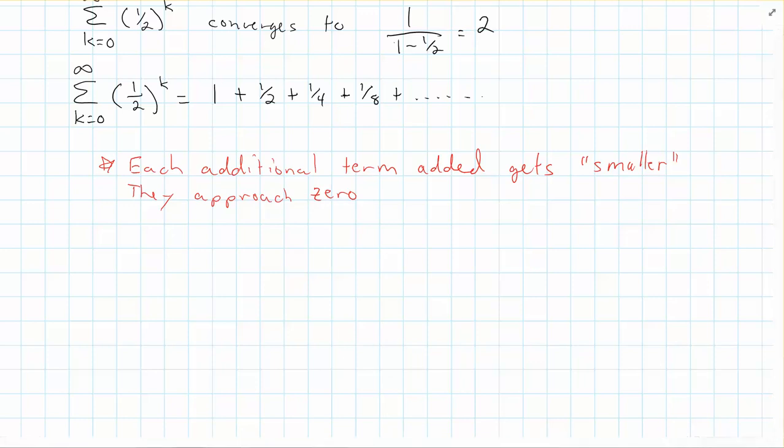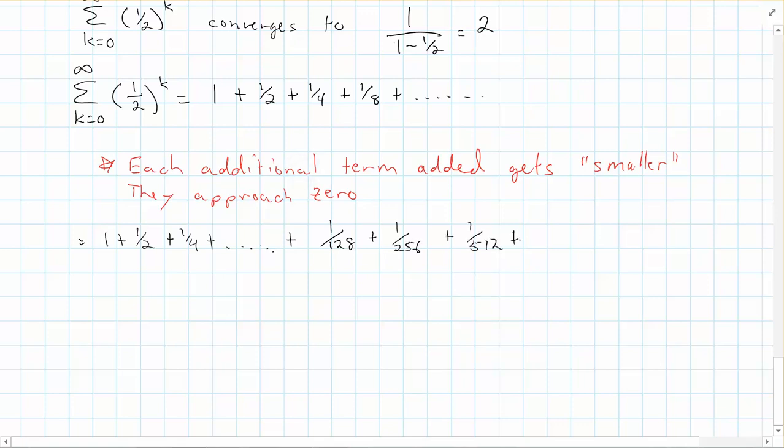If I were to keep going, you'd have 1 plus 1/2 plus 1/4 and so on, and then plus 1 over 128 plus 1 over 256 plus 1 over 512, and keep going on. These keep getting smaller. I keep adding something closer and closer to 0. So that makes sense here, and we know that series converges.